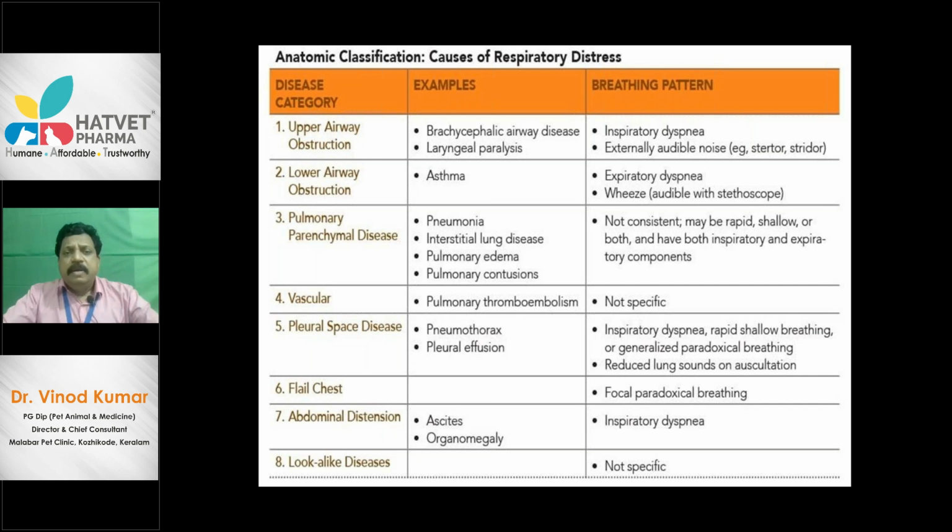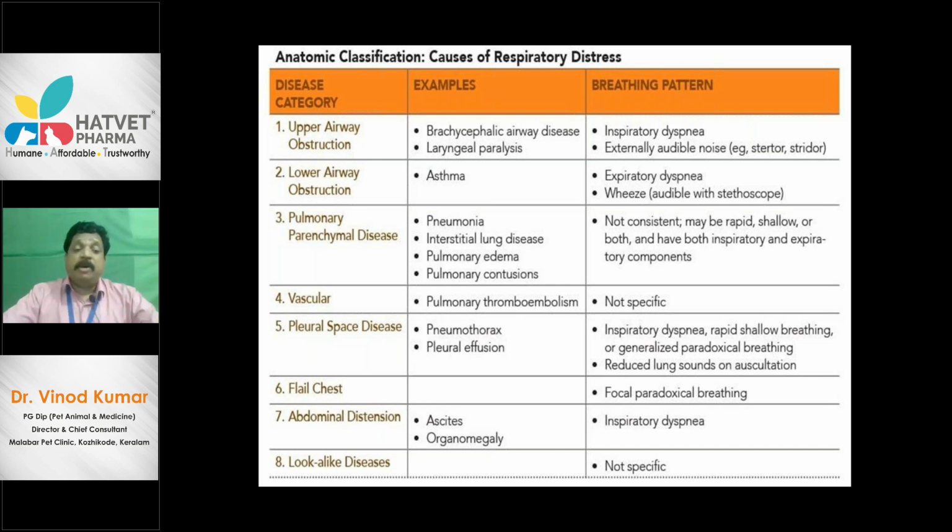Got it? It is forcefully expiring, struggling to expire the inspired air inside the alveolus. So there will be extension of the neck, extension of the head. So that is lower airway obstruction.